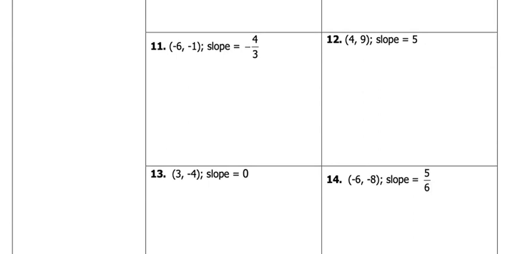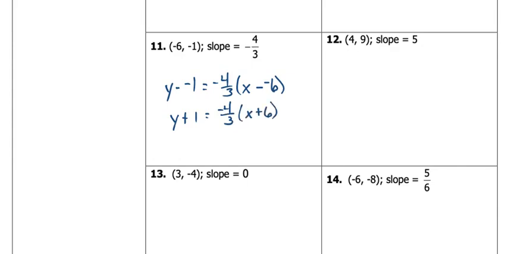Okay, so taking a look at number 11, again, we start with y minus the y value, which is -1, equals my slope, -4/3, in parentheses, x subtract, formula subtract, the x value. Now I'm going to go ahead and simplify that down. So that would be y plus 1 equals -4/3 times x plus 6. I am still in point slope. Here's my point, there's my slope.